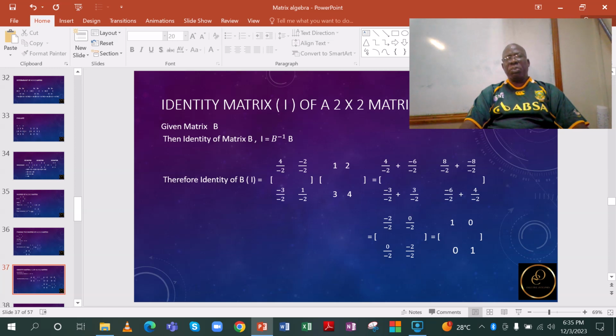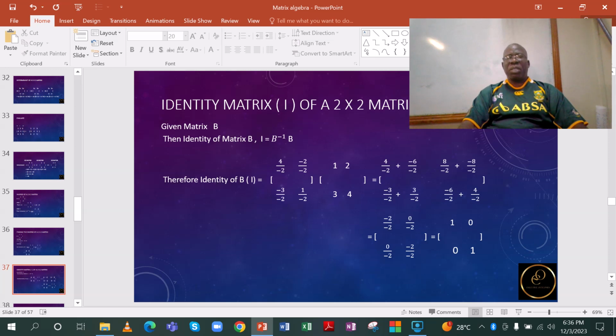So when we multiply these two matrices, rows into columns, we are going to end up with these calculations. It will be 4 over negative 2 times 1, plus negative 2 over negative 2 times 3. So that will give you 4 over negative 2 plus negative 6 over negative 2.